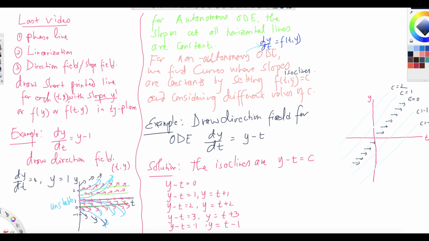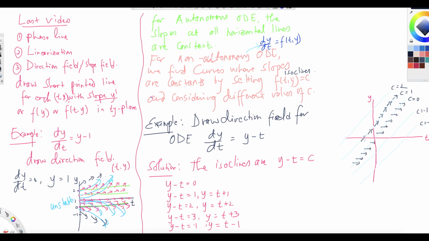Now, at c equals 1, what do you see? That means y minus t equals 1, so slope is 1. Slope 1 means 45 degrees, right? This is 45 degrees.